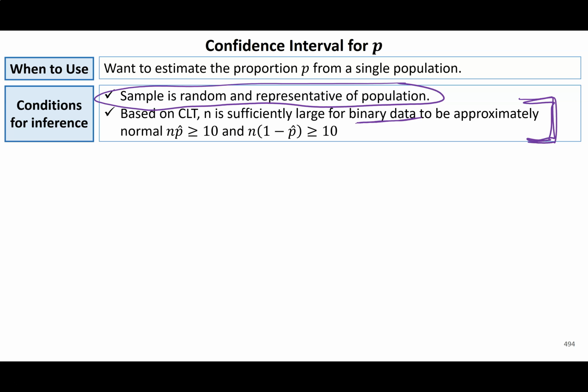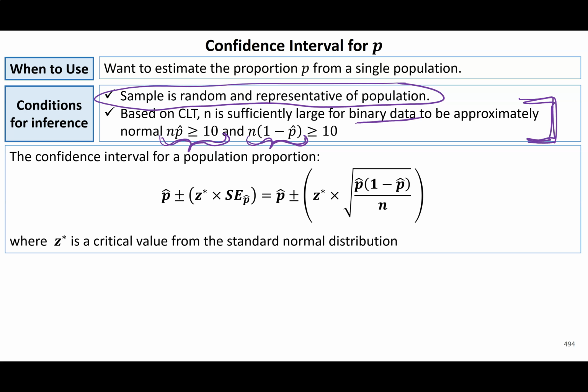Once you do that, you need to know that you have at least 10 successes and at least 10 failures that you observed. You can plug them in and make sure that they're at least 10, or you can even just look at what was observed. Did I observe at least 10 in each category? If so, you should be okay to calculate a confidence interval.